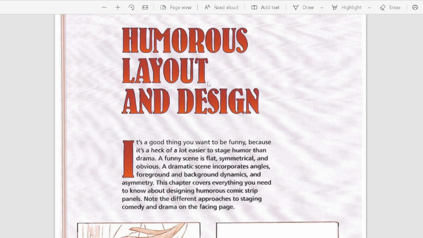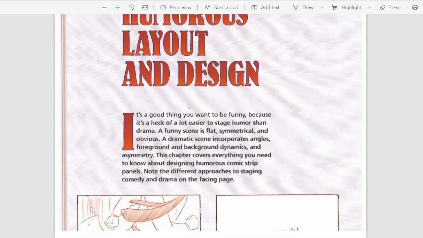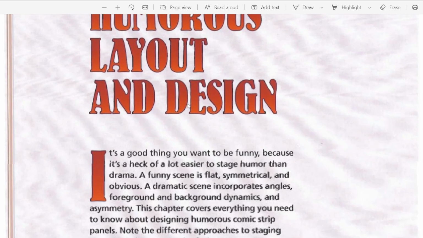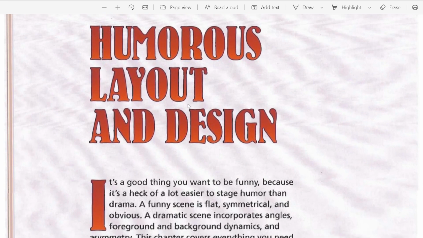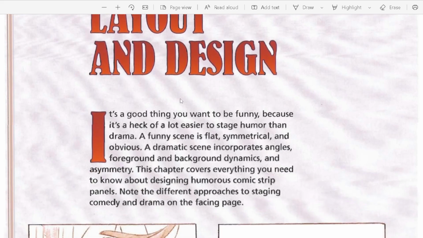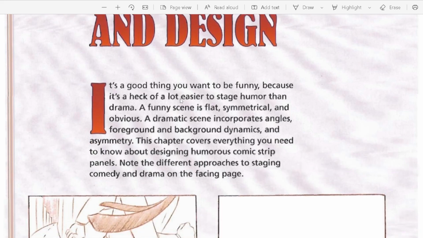We have already discussed the funny side of the brain. Now I'm going to start with humorous layout and design. It's a good thing you want to be funny because it's a heck of a lot easier to stage humor than drama.